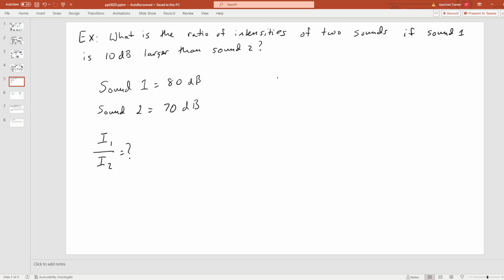So, to start, remember that decibels, let's write it out this way.